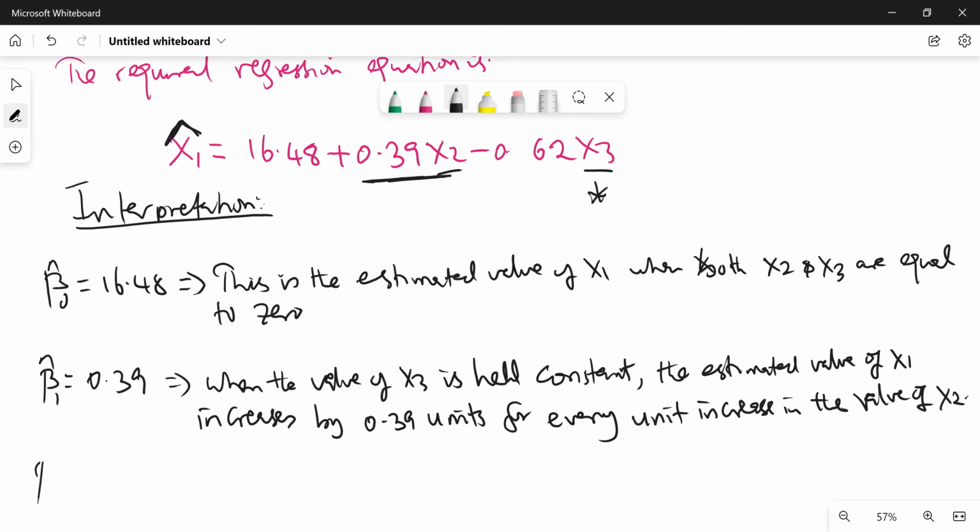And in a similar way, we interpret the estimated value of beta 2, which is minus 0.62. You notice this is a negative value.